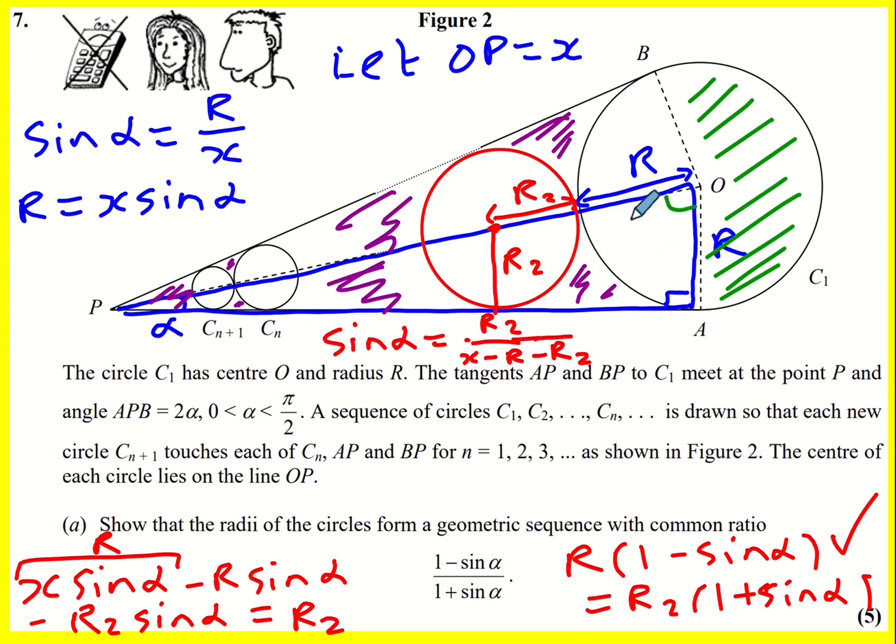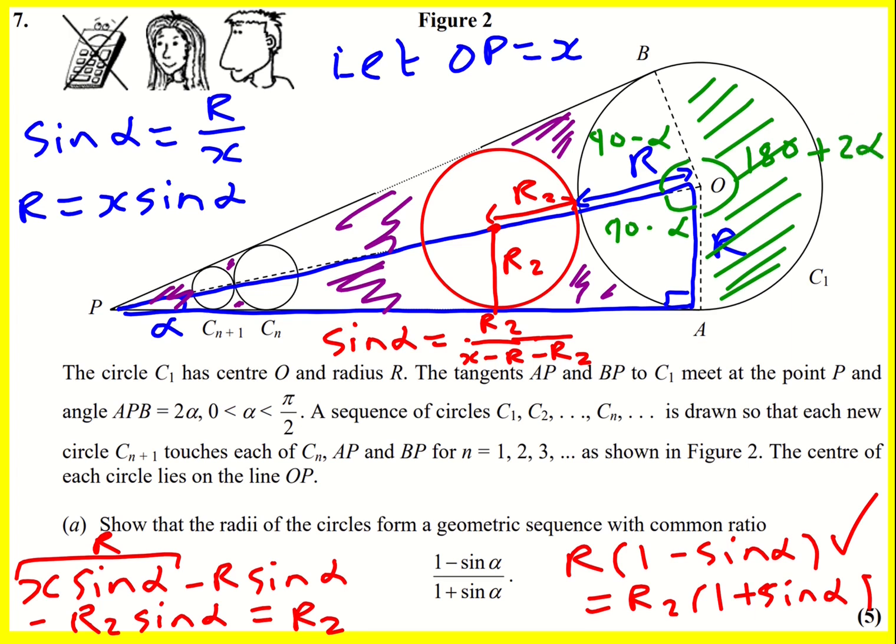This is going to be 90 minus alpha, because the whole thing must add up to 180. That will also be 90 minus alpha. And so this angle here, I know the whole thing is 360, so it's got to be 180 plus 2 alpha.